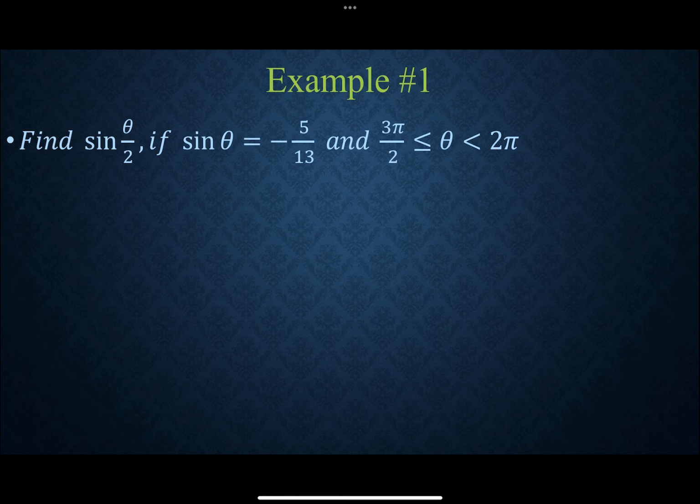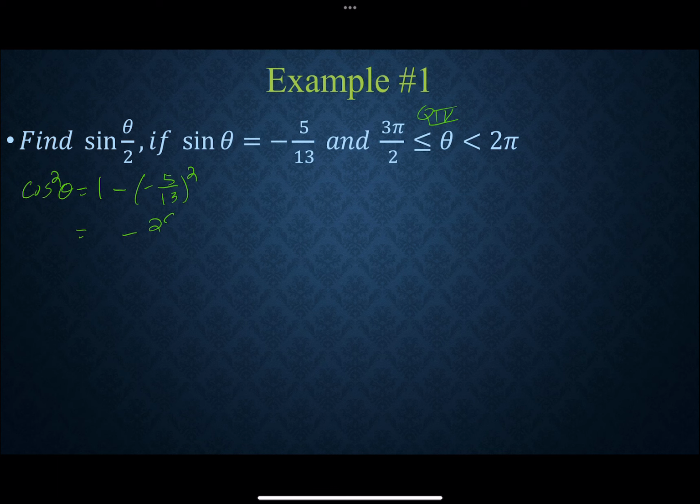Alright, so we've got sine theta over 2. We're told sine of a single theta is negative 5/13, and theta is in 3 pi over 2 to 2 pi, so theta is in quadrant 4. Finding cosine theta is necessary to solve the problem here. Given sine, as you've seen numerous times before, cosine squared is 1 minus sine squared.